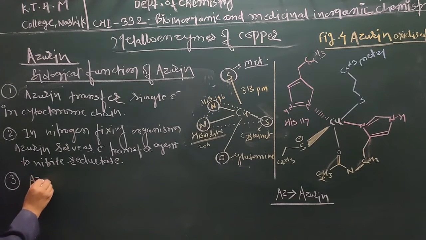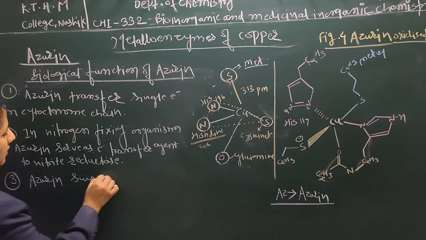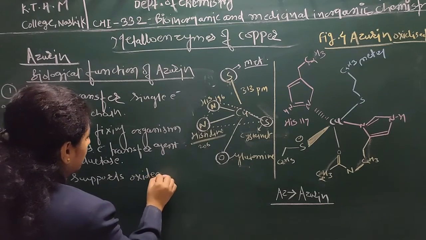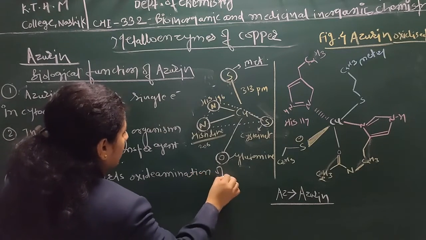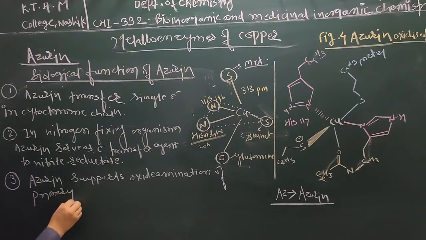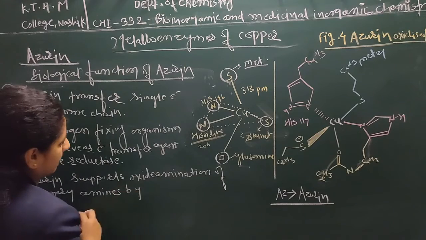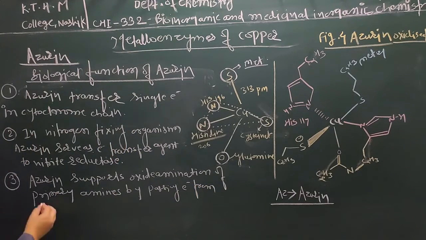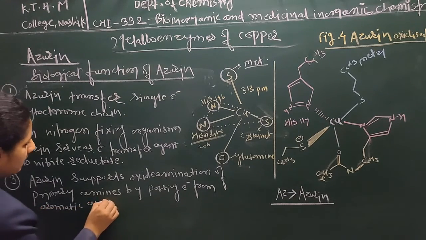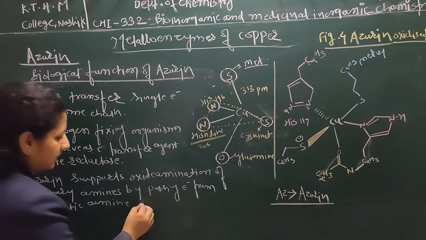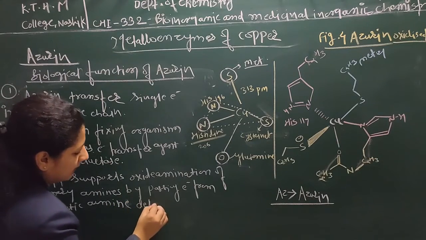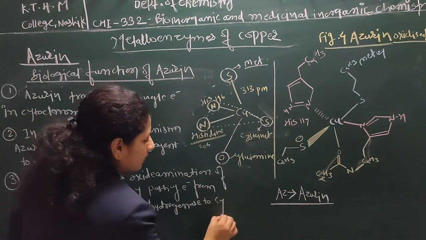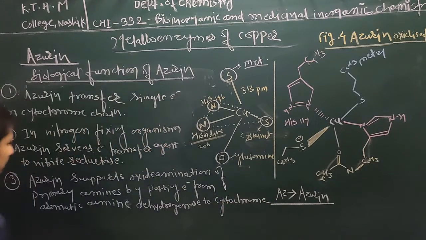This is one of the most important functions of azurin: azurin supports oxidative deamination of primary amines by passing electrons from aromatic amine dehydrogenase to cytochrome oxidase.